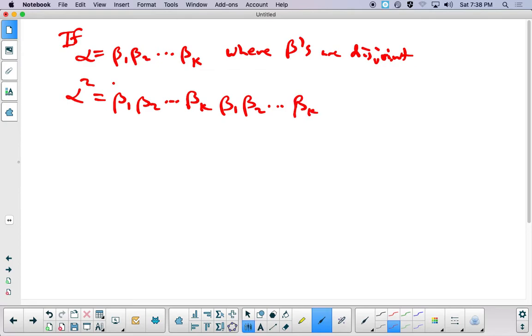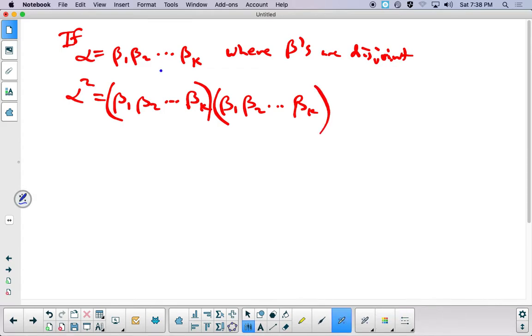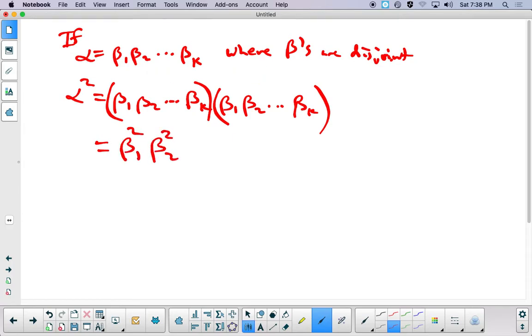We have parentheses, and it's important to realize that this is just one copy of alpha, and that's another copy of alpha. But since the betas commute, we can rearrange this, and we're looking at beta 1 squared, beta 2 squared, and we continue all the way up to beta k squared.